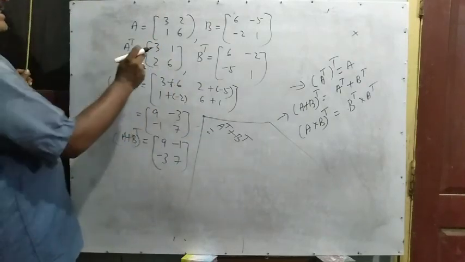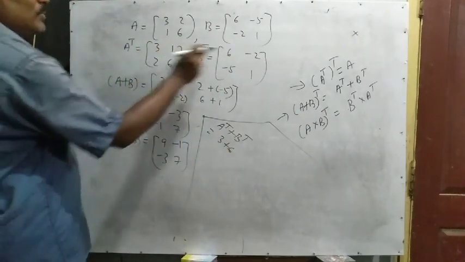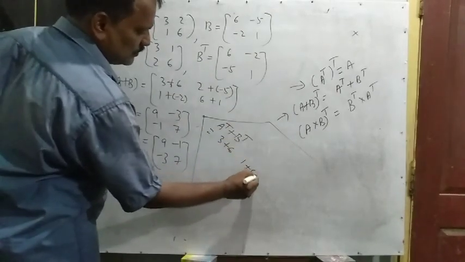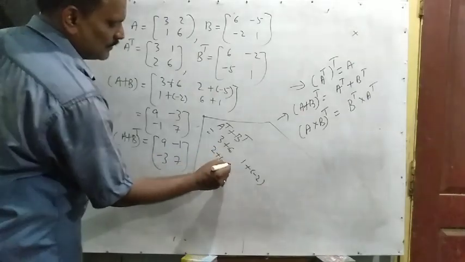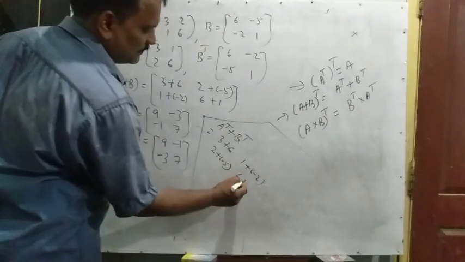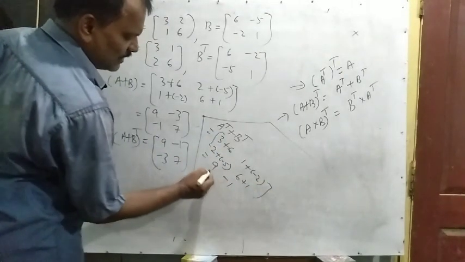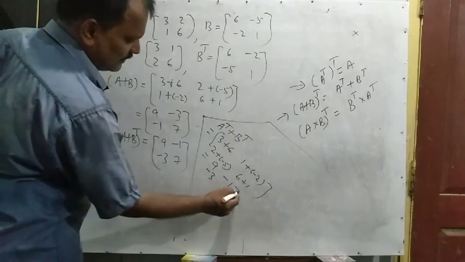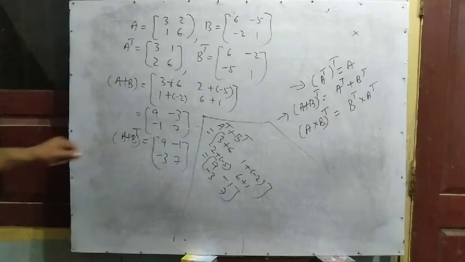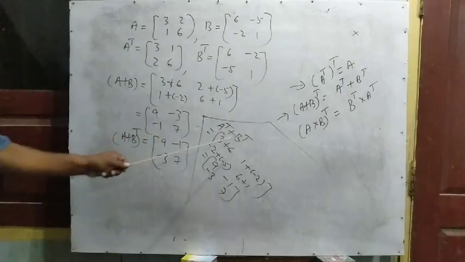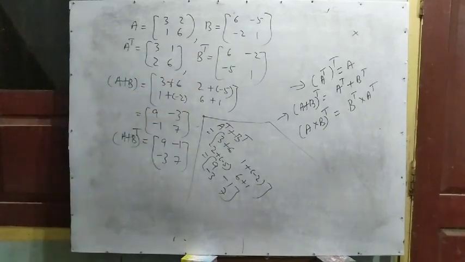You simply add these two: 3 plus 6, 1 plus minus 2, 2 plus minus 5, 6 plus 1. Its value equals [9, -1; -3, 7]. Comparing these two values, (A plus B) whole transpose equals A transpose plus B transpose. So this second property is also proved.